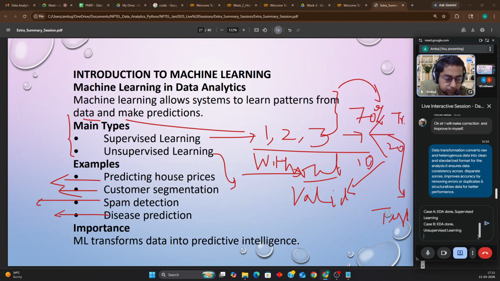Case C: EDA not done, supervised learning. Case D: EDA not done, unsupervised learning.